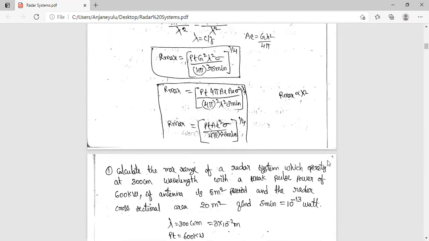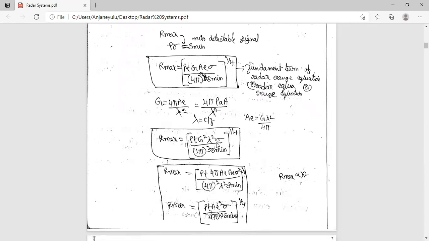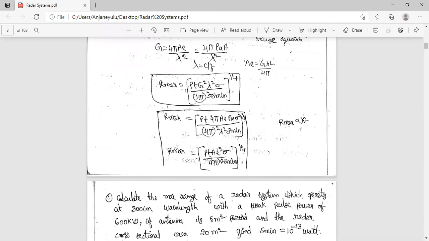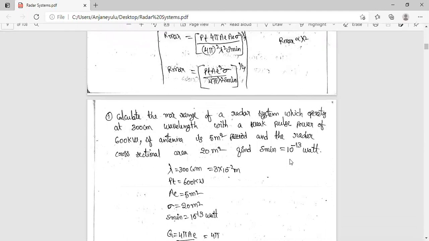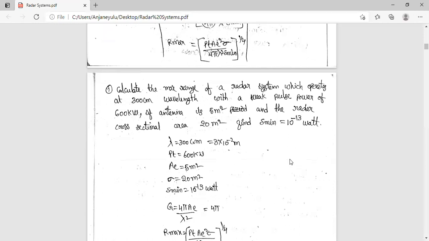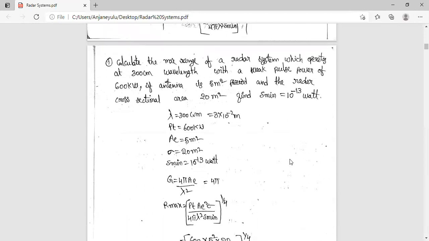If you substitute in place of G, that equals 4 pi into Ae by lambda square, then you get R maximum equals Pt into Ae square into sigma by 4 pi lambda square into S minimum, whole power 1 by 4. So this is the radar range equation, or simply the radar equation.